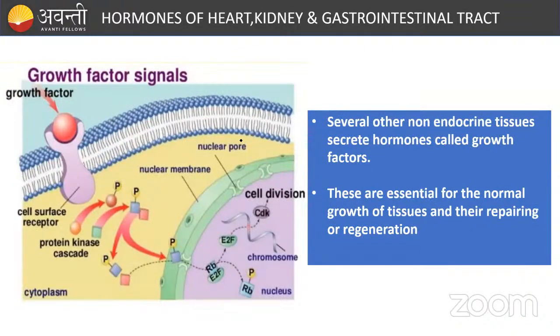There are several other non-endocrine tissues which secrete hormones, and these are growth factors. Their main function is in growth. These are essential for the normal growth of tissue and its repair or regeneration. For example, this is your growth factor. This one is your receptor.